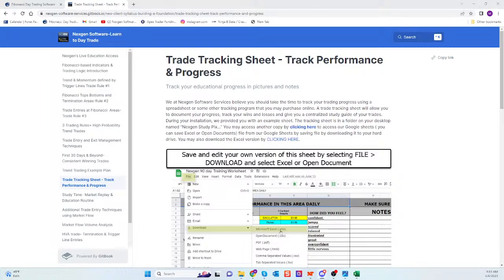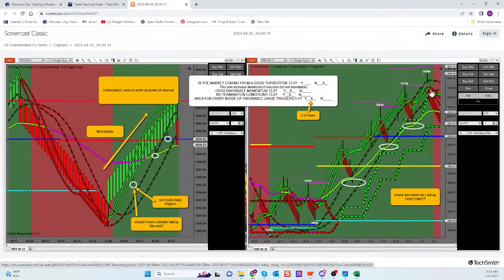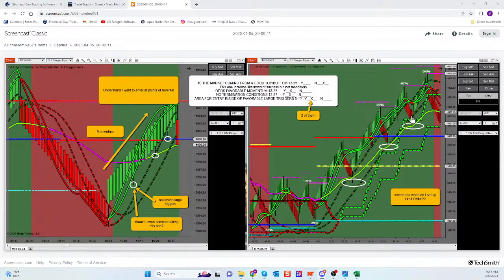You said on the last one, price is already inside of, right here. So, Jay Solar, are you ready for the question? Where in your rules does it say that price can't be inside of the large triggers?